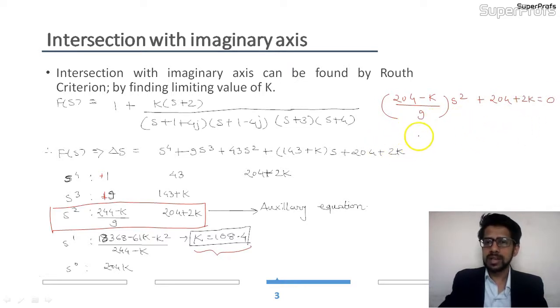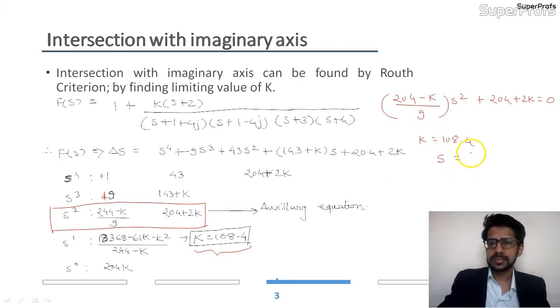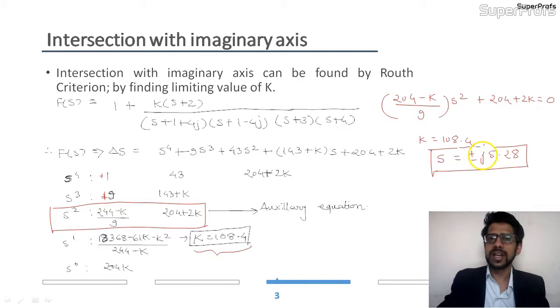If you put the value k equal to 108.4, you get s equal to plus minus j into 5.28. So this is how you find at what point a root locus intersects the imaginary axis. At this point the root locus cuts the imaginary axis, the stability notion will change. The system is going to be unstable, and that's why this limiting value of k is important to know.